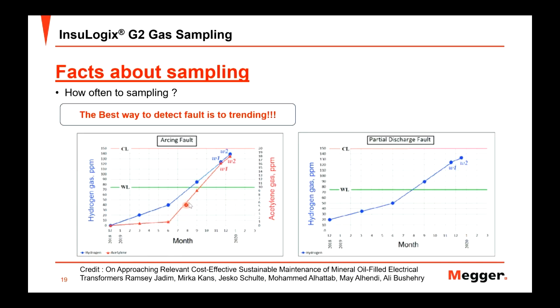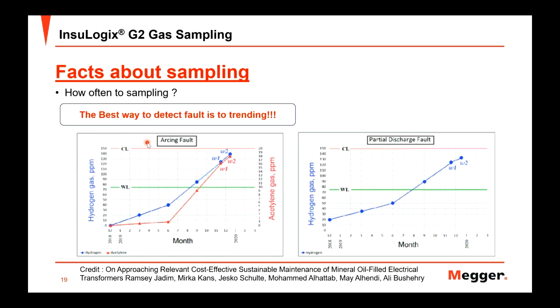You can see the development increased tremendously. If you don't sample often enough, that means you cannot find this development at all. And before you know it, your transformer has already exploded. That's why the sampling frequency is very important.